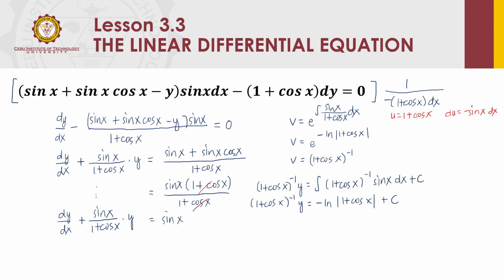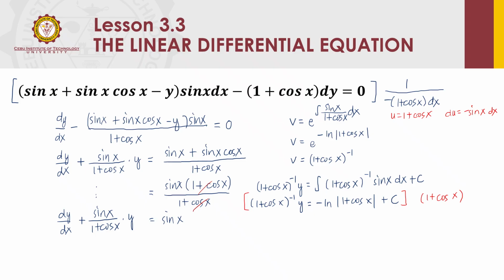We're going to multiply everything by 1 plus cosine of x. Remove this expression here with the -1 exponent, which is not a requirement, depending on the agreement.